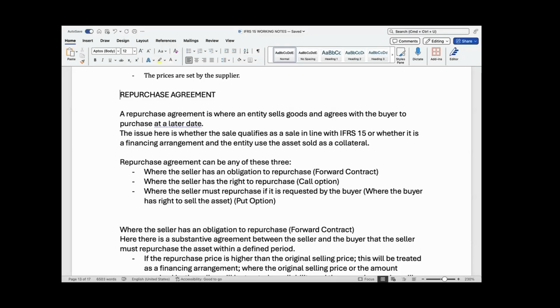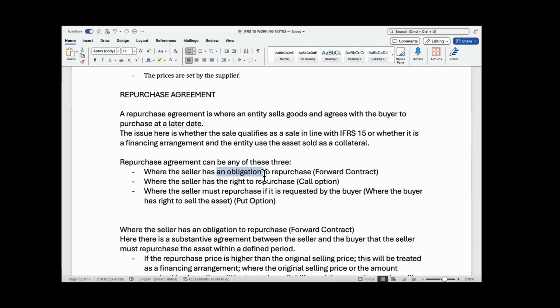So the repurchase agreement comes in three forms. Number one is where the seller has an obligation to repurchase, which is a forward contract. In this case, the seller has no practical ability to avoid the repurchase.